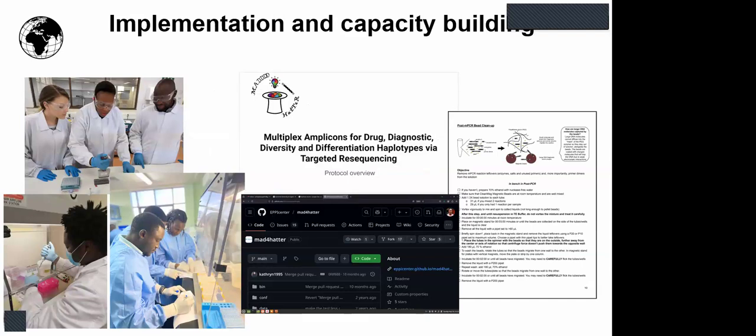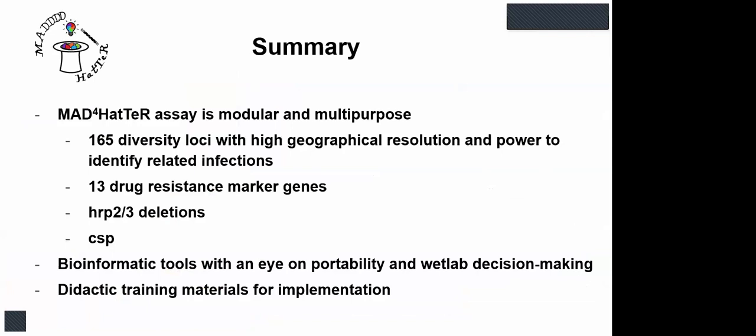Like I mentioned, we have a well-elaborated laboratory protocol, called the Mad Hatter protocol, which you can easily find online. And we also have the bioinformatics pipeline, which you can get from GitHub, as I showed earlier, where you can understand its installation and usage. And we are always available to help or assist in any way.